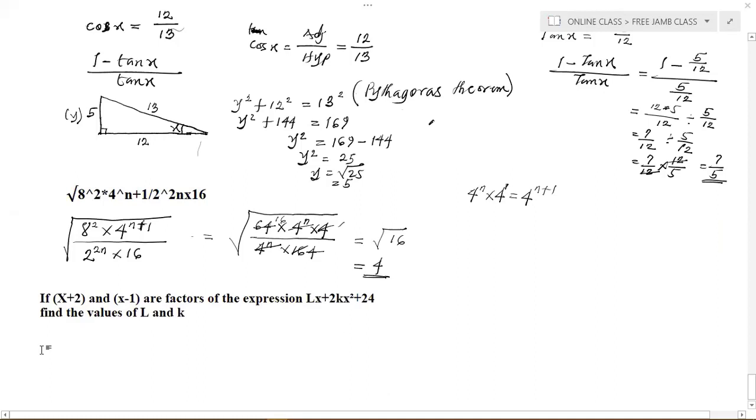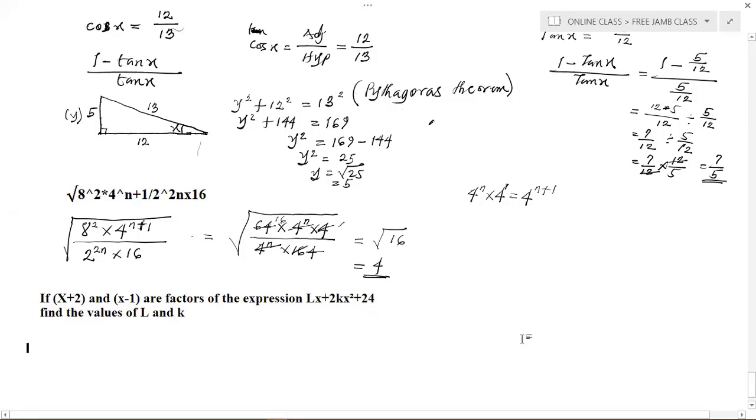Now the question we have from Mistura is that if x plus 2 and x minus 1 are factors of this polynomial Lx plus 2kx squared plus 24, find the value of L and K. That's good.